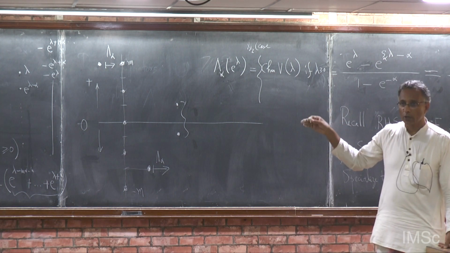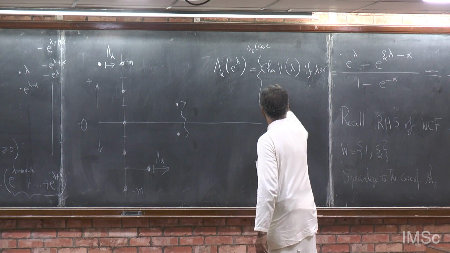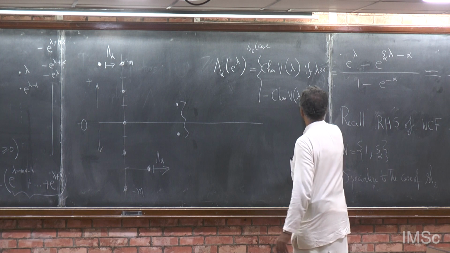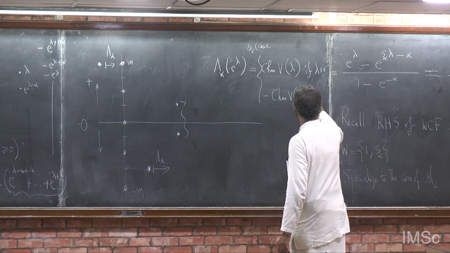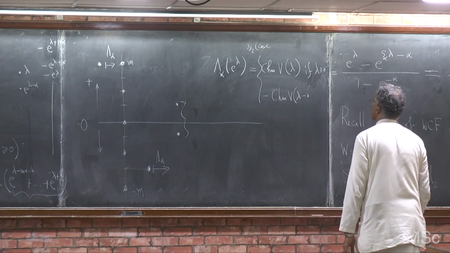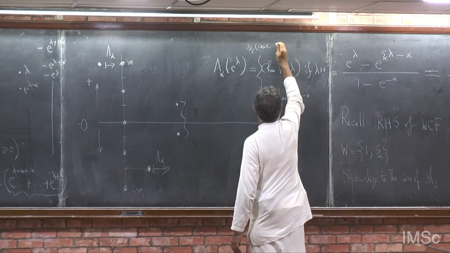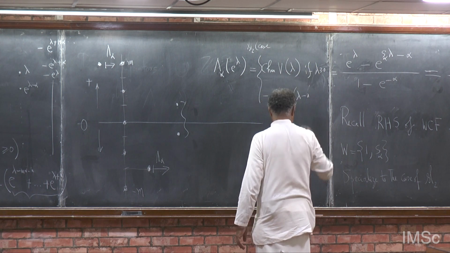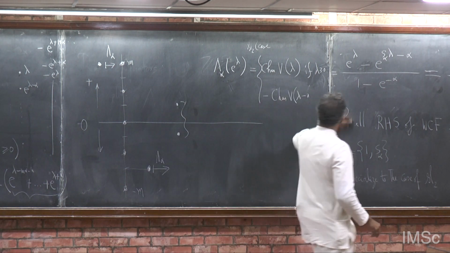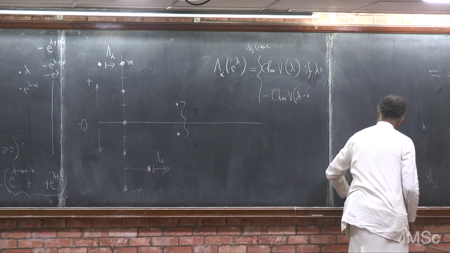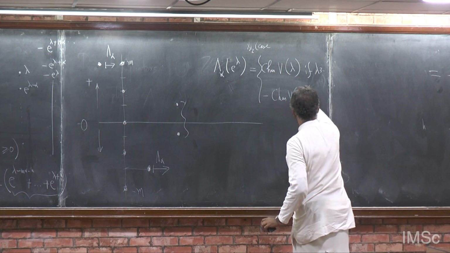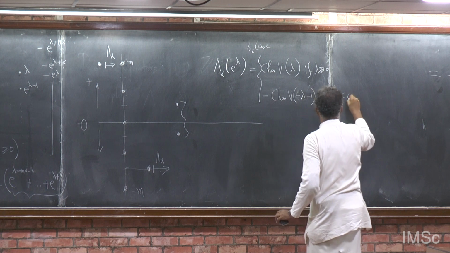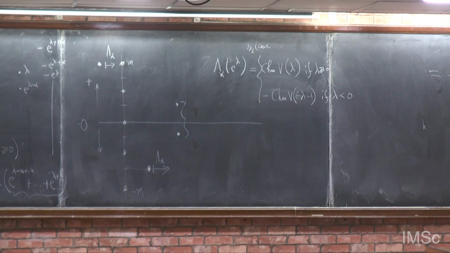And it is minus the character of V of lambda minus m alpha, where m is equal to minus lambda minus 1, if lambda is less than 0. This is the observation.